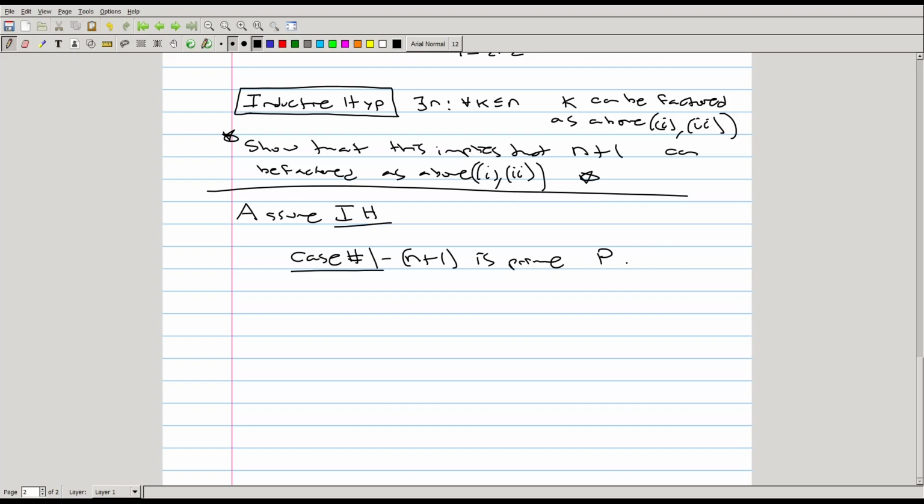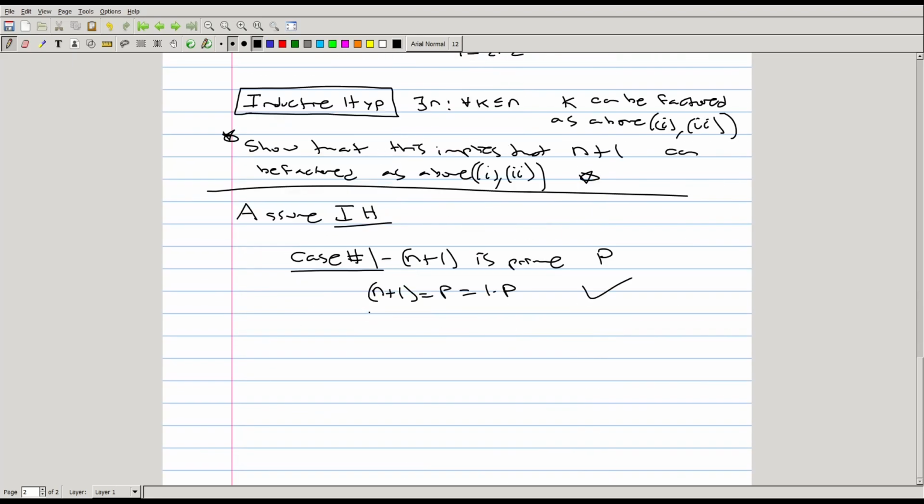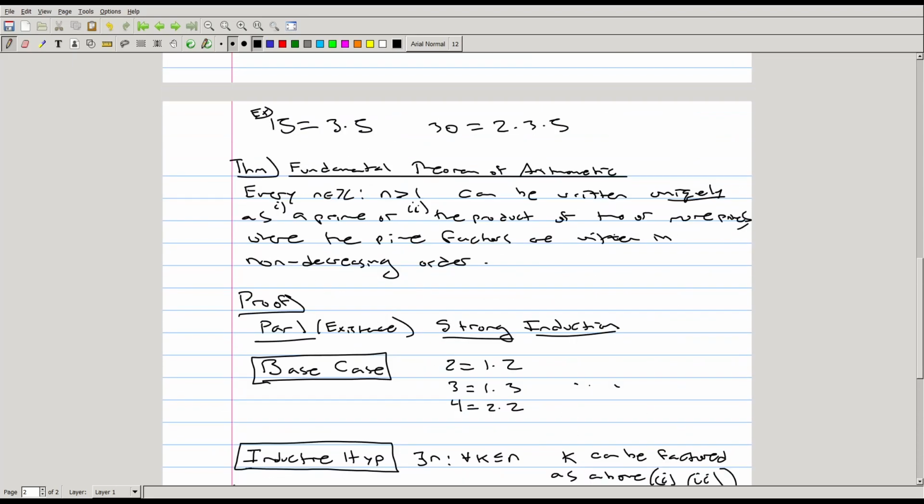Call it P, in which case n plus 1 is equal to P, or 1 times P, and this is satisfied. The theorem is done. n plus 1 is factorable as a prime times 1.